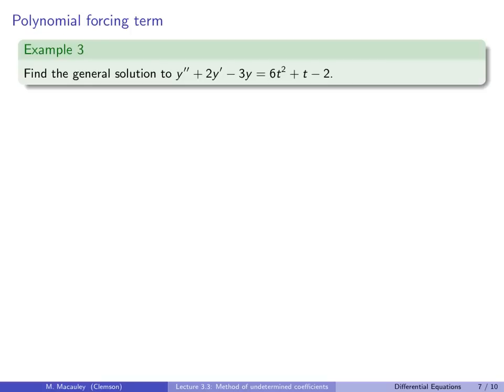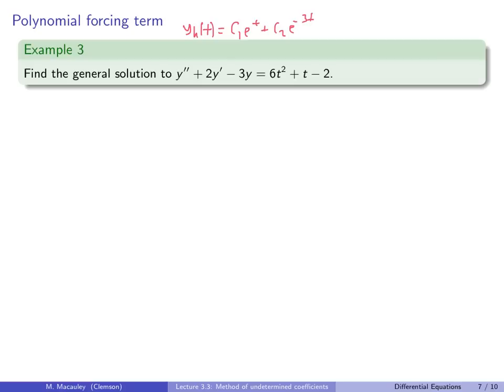Okay, so our next example is to find the general solution to this ODE. The right-hand side now is a polynomial. This is the same homogeneous part as the previous problem, so I'm just going to write down that y h of t is c1 e to the t plus c2 e to the negative 3t.